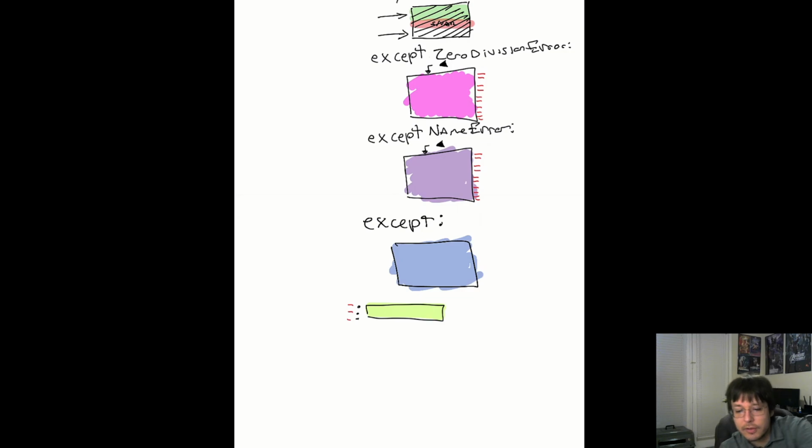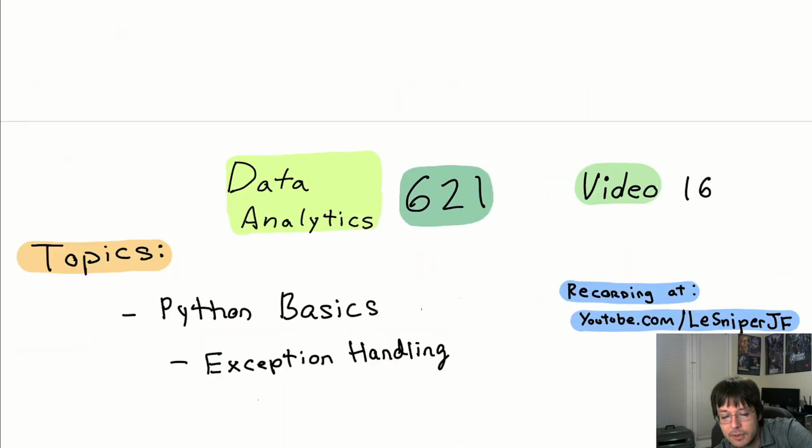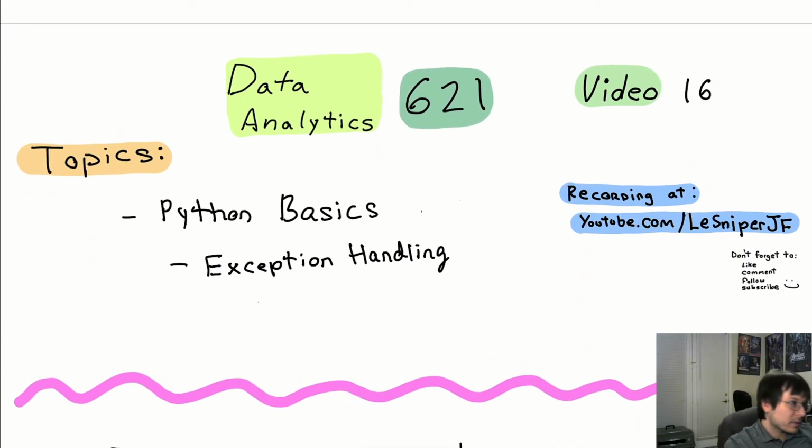Switch over to this. I think I broke the VM, so I can't show you that message. Give me a second. VS Code, why are you doing this to me?